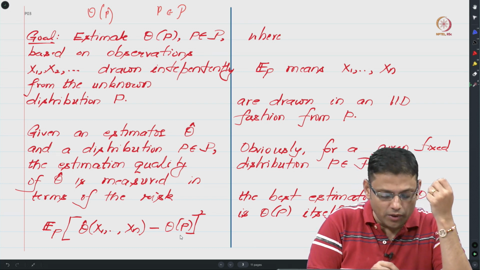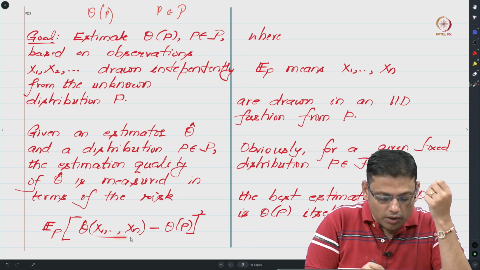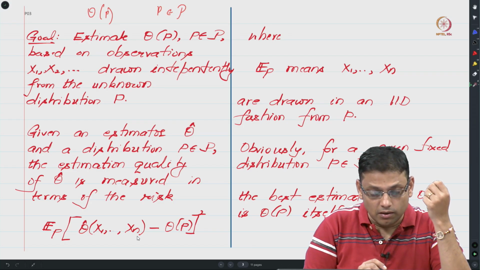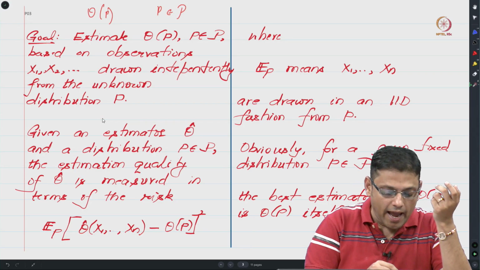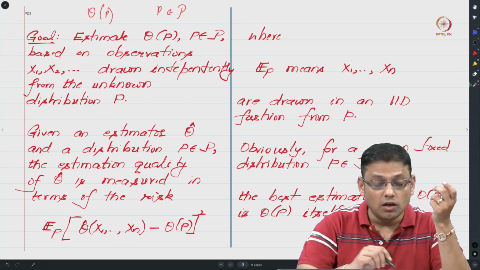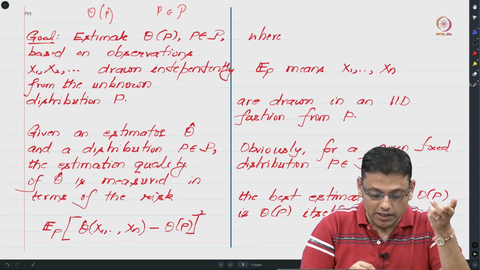Is that okay? So the way to interpret this is, you get to see these observations of this unknown distribution P, and then you come up with some rule to come up with an estimate of theta of P.